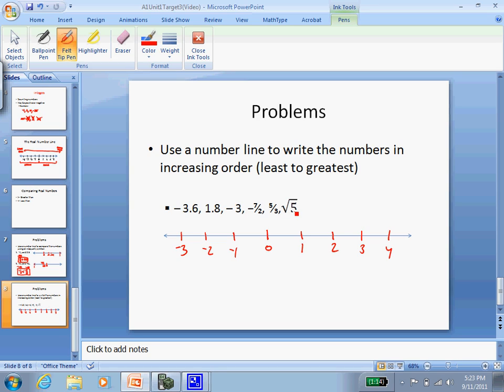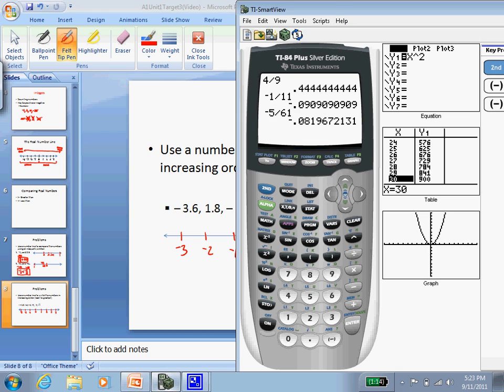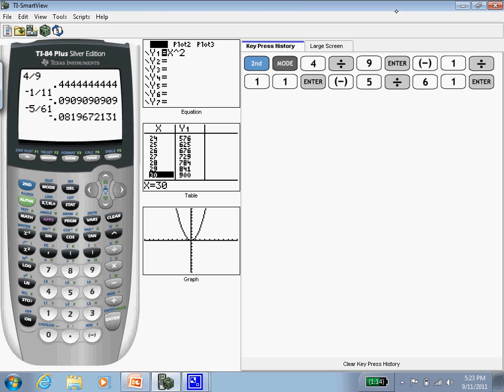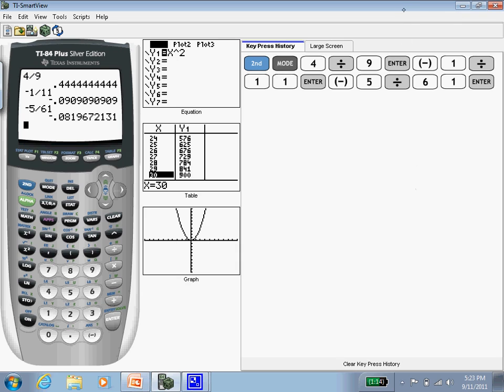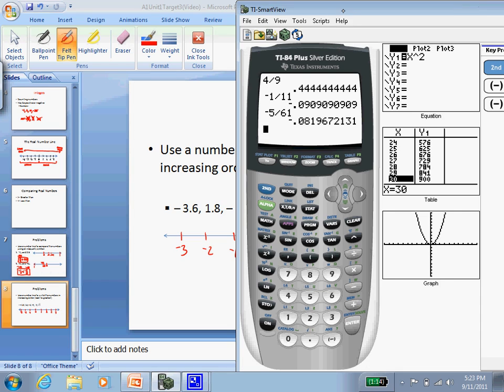Now the other thing to remember, positive numbers are always on the right and negatives are on the left. So a positive number will always have a greater value than a negative number. There's no exception to that. So let's use our calculator for some fractions.